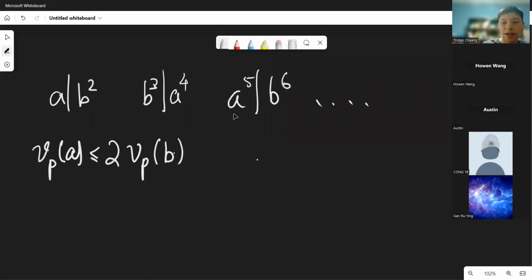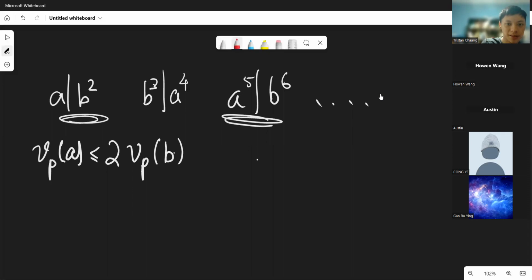But okay, there are a lot of a, b relations here, like a to the 5 divides b to the 6. Then the next one is probably a to the 9 divides b to the 10. Is that right? So in fact, let's just write the most general form for these relations where a is on the left, b is on the right.